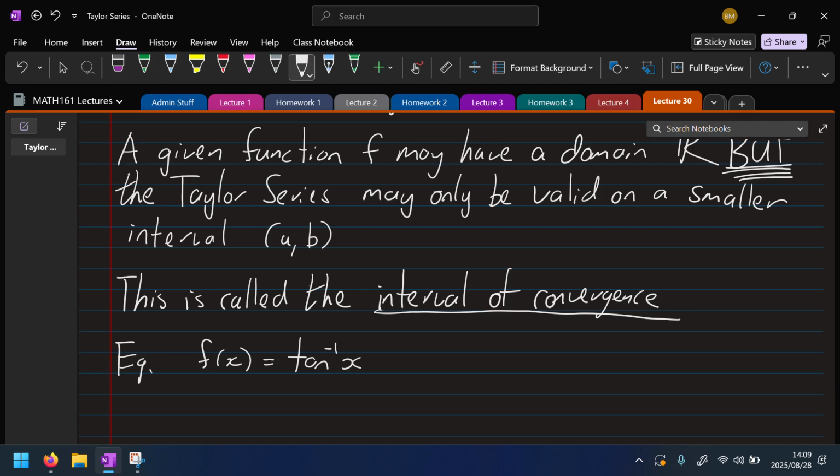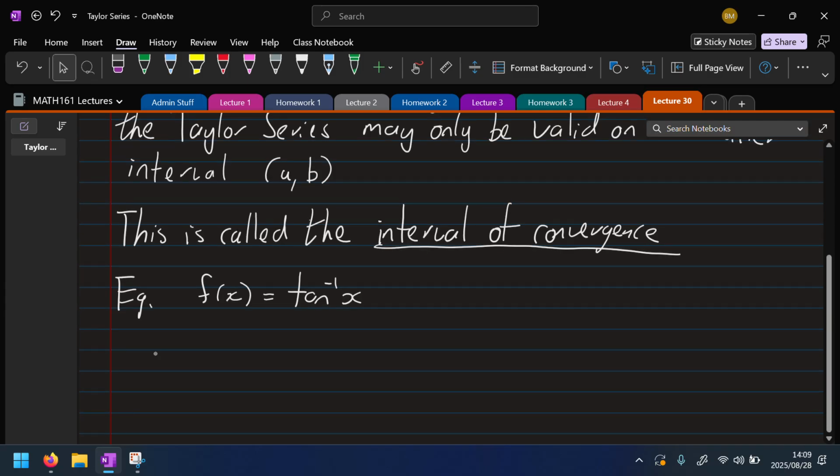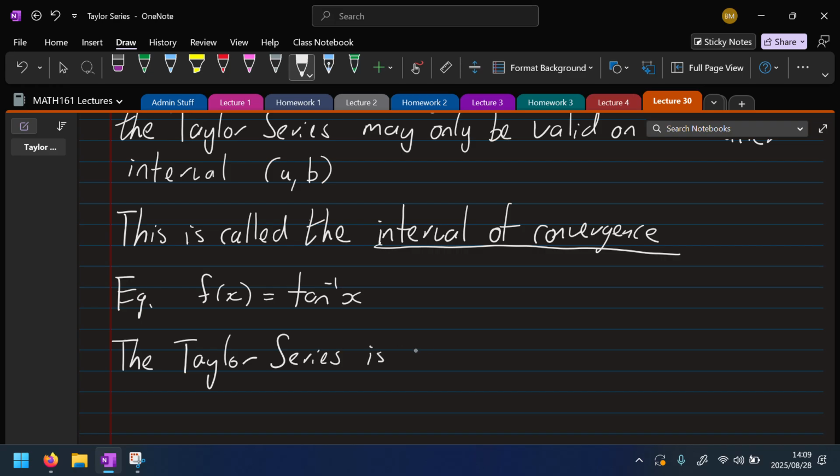So the Taylor series is given by the sum n goes from 0 to infinity, minus 1 to the n over 2n plus 1, x to the 2n plus 1. Right, we covered that last time.